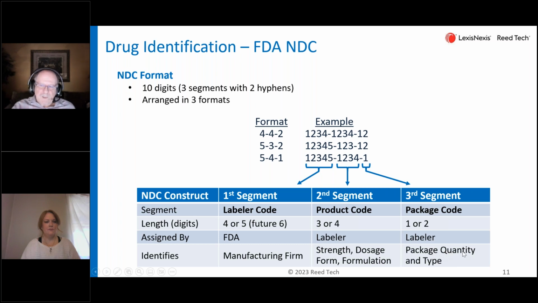And then what is the quantity? So this has to be uniquely assigned to that particular scenario. If you have a bottle with 30 capsules in it, and you also market a bottle with 50 capsules in it, that cannot be the same package code. That would definitely need to have a different package code. It could be the very same product, and it's just the quantity that makes the difference.